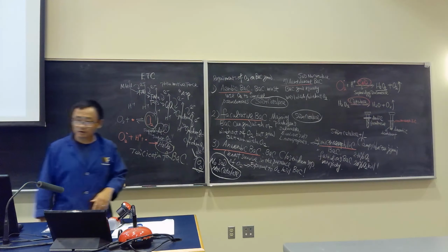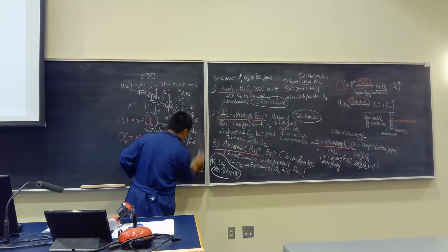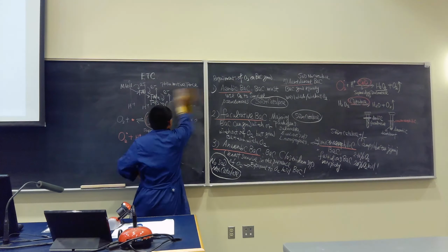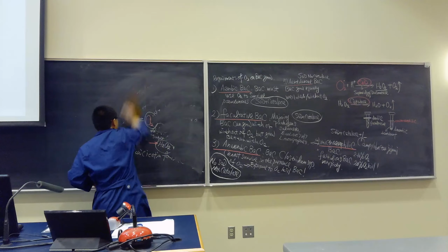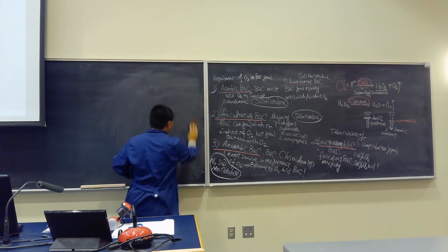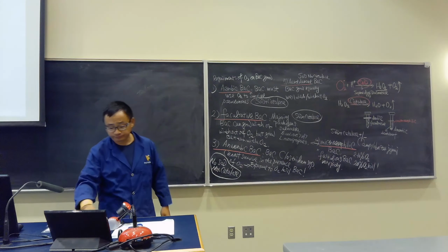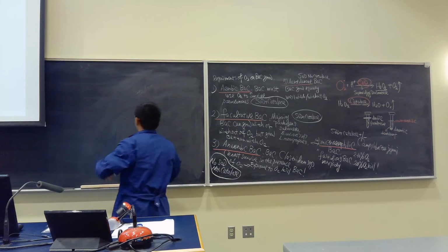Okay, the next one we want to talk about is how we cultivate anaerobic bacteria. There are 2 methods we can do. The first method is relatively easy, however, it is expensive, which is the anaerobic chamber. Look at the left side, it's the anaerobic chamber.